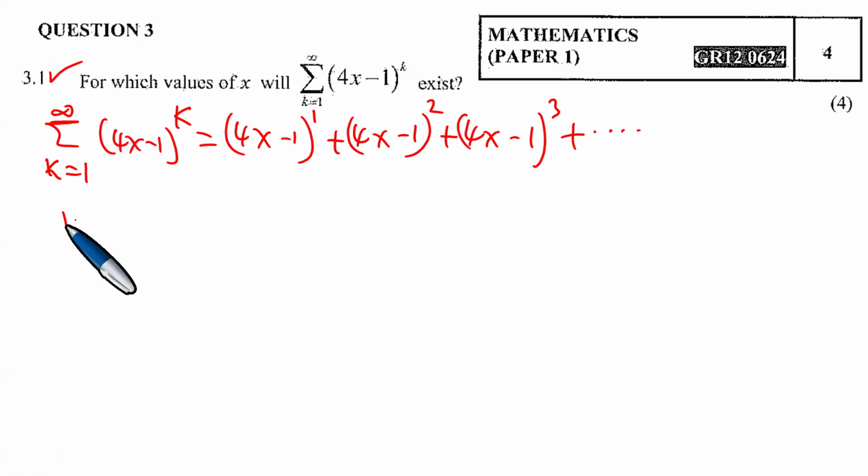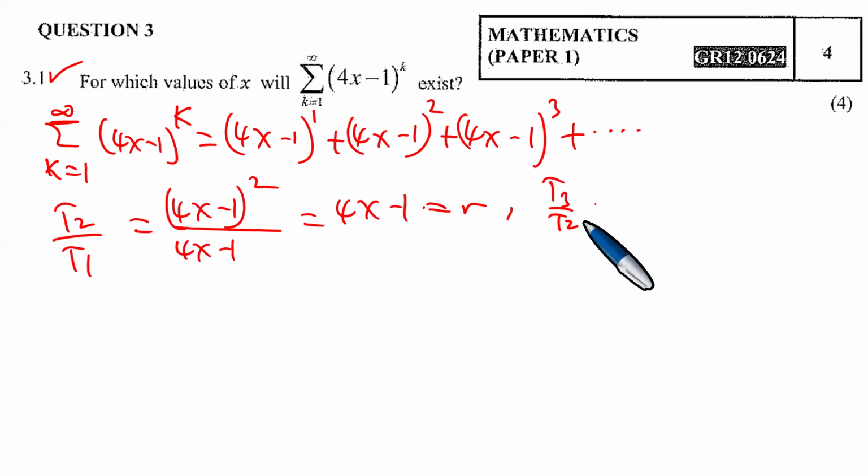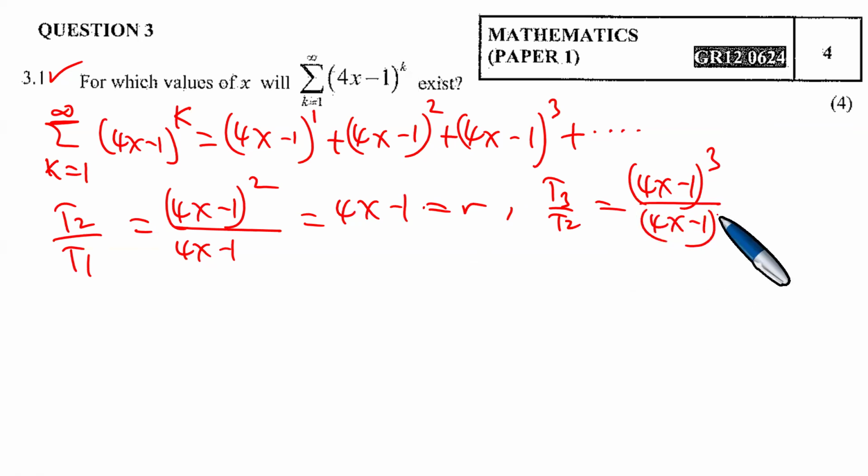Now the common ratio T2 over T1 is 4x minus 1, and this is called the common ratio. It is easy to see that T3 over T2, because you must check twice at least, would be 4x minus 1 cubed divided by 4x minus 1 squared.